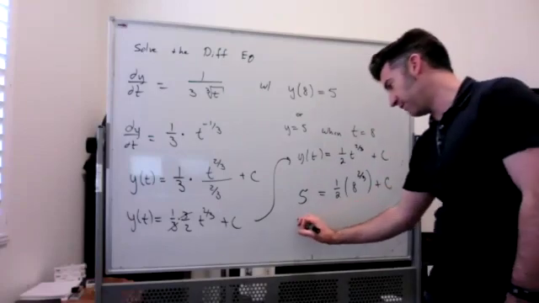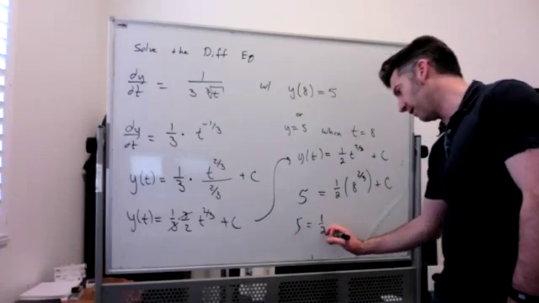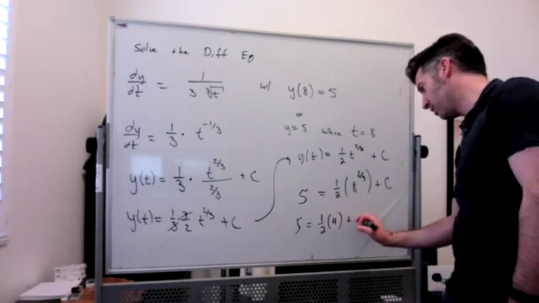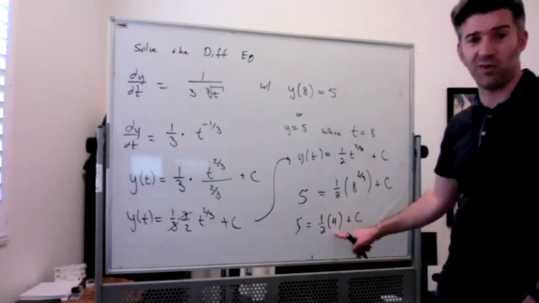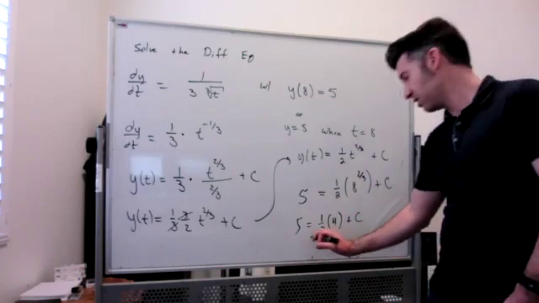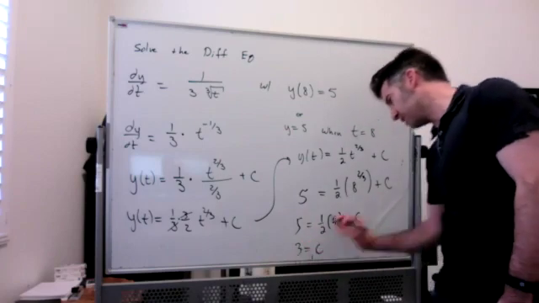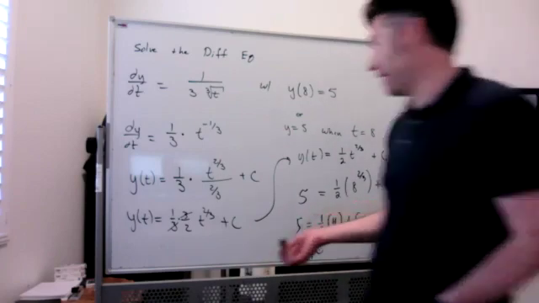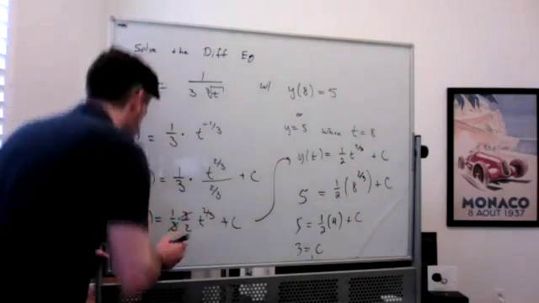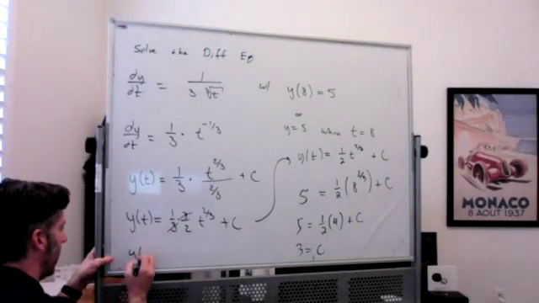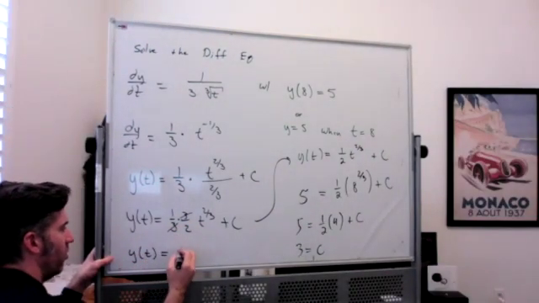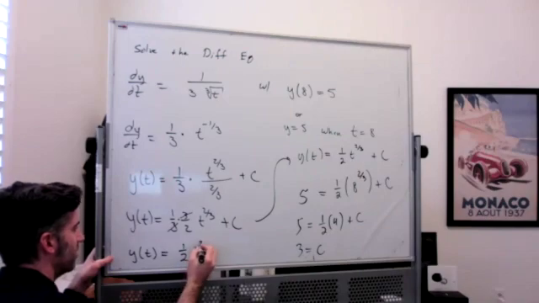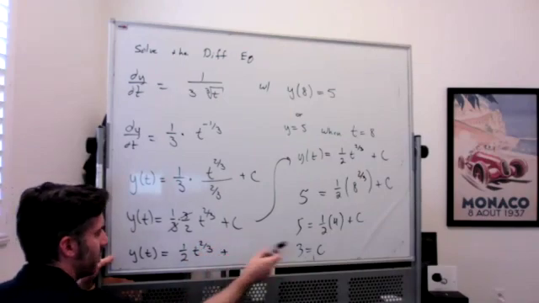So this is going to be 5 equals 1/2 times 4 plus c. 1/2 times 4 is 2. 5 minus 2 is 3. So 3 is equal to c. And so our final answer is y of t equals 1/2 t to the 2/3 plus 3.